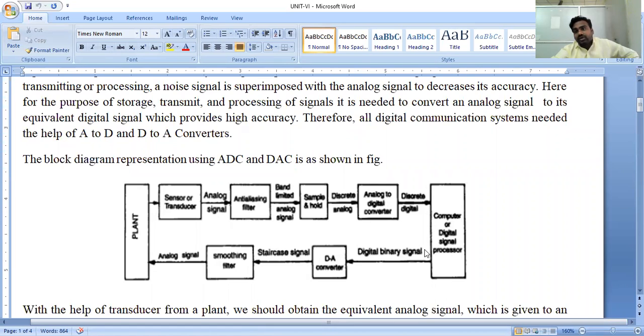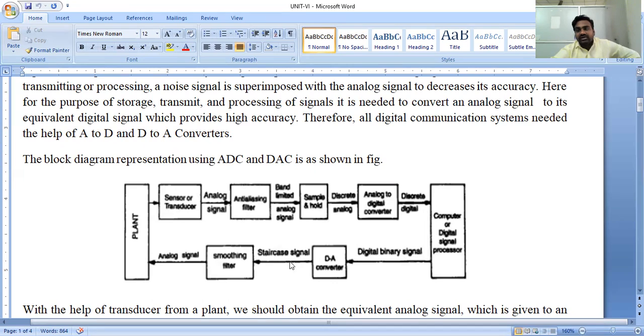From the digital signal processor, the digital binary code is output, and that output is fed as an input to the digital to analog converter. So what does the digital to analog converter do? It will take the binary signal code and convert it into an analog signal in the form of a staircase signal.